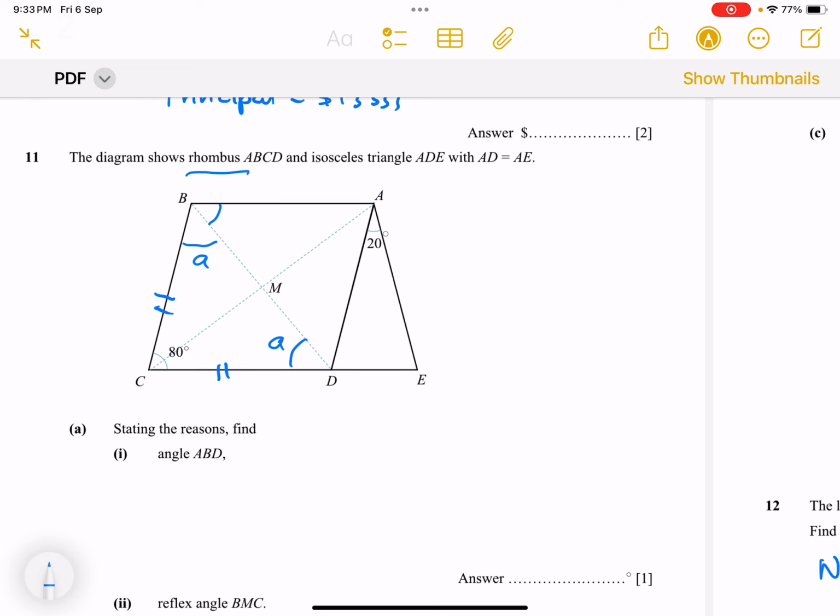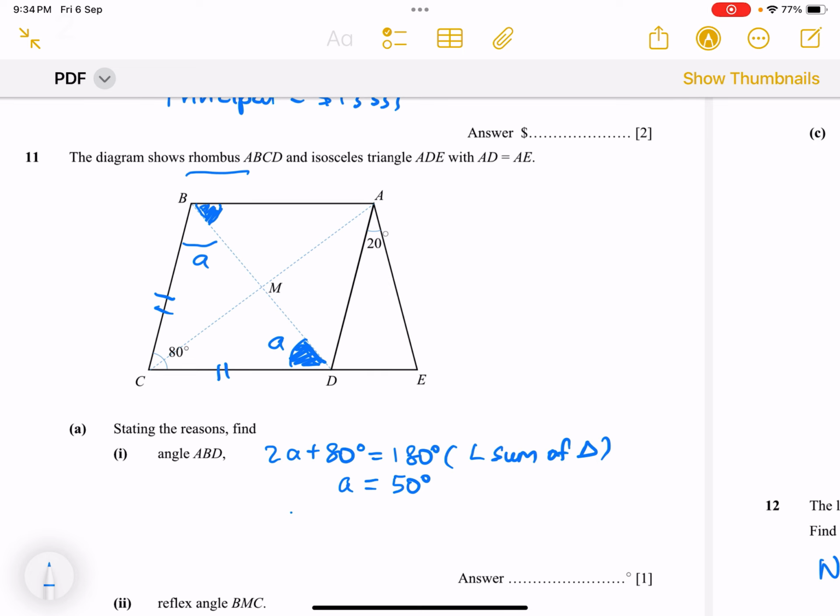So we can find this angle first, which is 2A plus 80 equals to 180, angle sum of triangle. Don't forget to put the rules. So we found that A is 50 degrees, and then this angle and these angles are alternate angles.